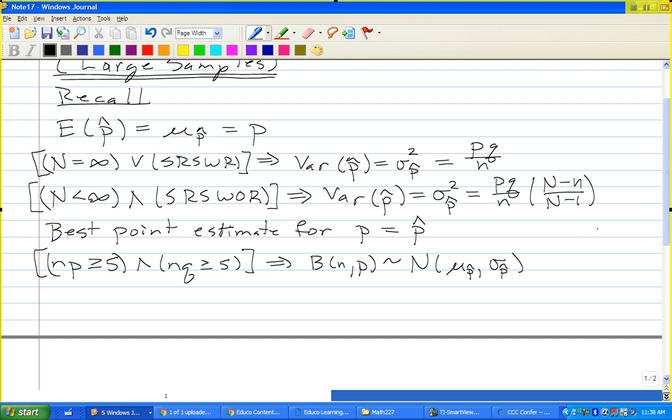And the hypergeometric distribution can be approximated by a normal distribution. And of course, these are both with continuity correction. Maybe I'll pull this over.